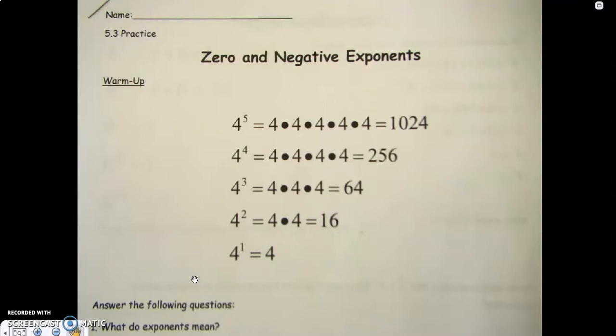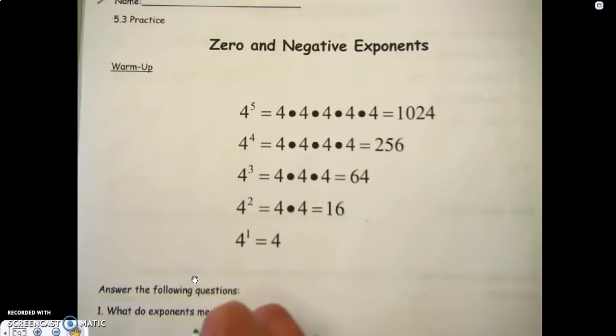Okay, so if you went through, there are some things you could have answered. Exponents mean repeated multiplication. And the more the exponents increase, the larger the number gets.